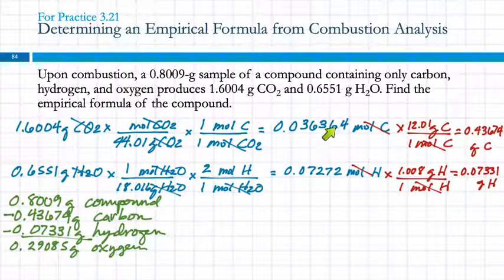I've got moles of carbon that I saved up here and moles of hydrogen. I need moles of oxygen. So there's grams of oxygen to moles of oxygen. 1 mole is 16.00 grams. So I take that number and divide by 16.